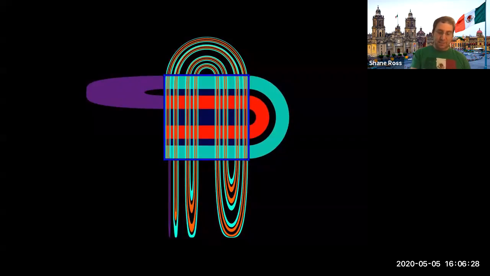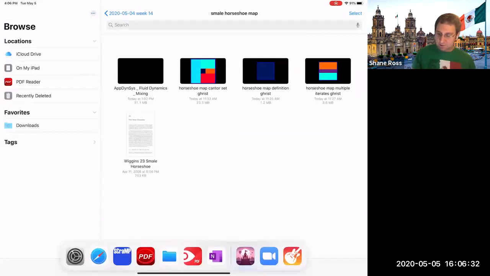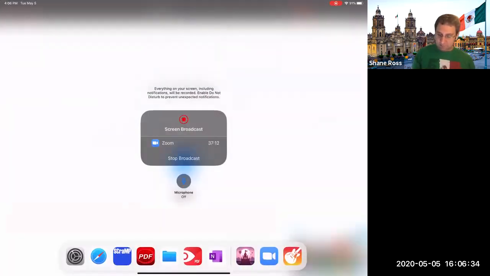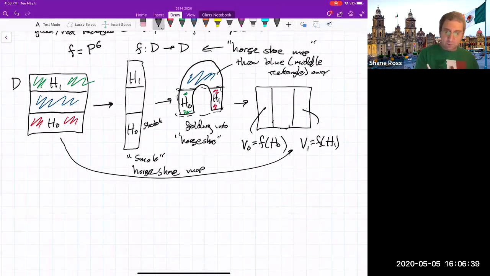It's nice to see the video, but I should probably explain more in some step-by-step way so you get an idea. What we're supposed to see here is the forward iteration of the map that I'm showing.